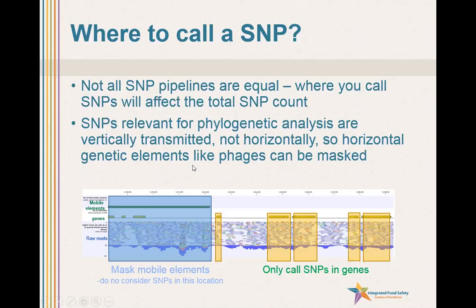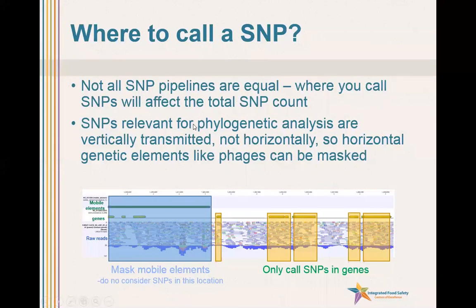So you mask an element, saying we're not going to call SNPs in this specific area because we know it's a mobile element. And in the example that I gave earlier today, we would mask the specific area in the genome of the Listeria isolates where we know it represented a phage, and that took out 2,999 or around 3,000 SNPs because they were in one of these mobile elements and therefore would have confused the analysis and called two isolates very different, when in reality the difference happened very quickly through one of these mobile elements that can move around very easily.